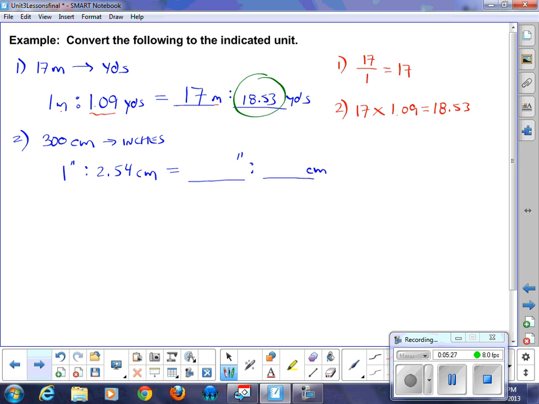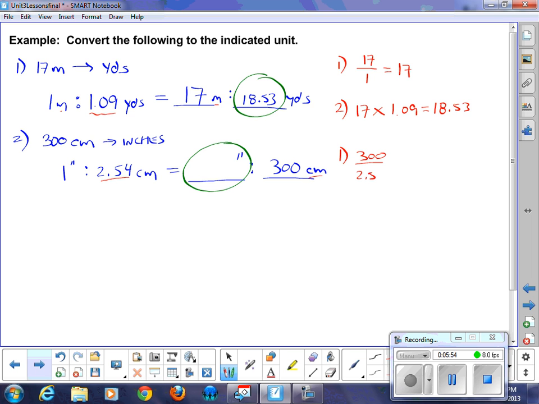Looking at the question, what am I given? I'm given 300 centimeters, so the 300 will go in here, and I'm looking for the value in the blank in the proportion. We had the anchor set up: you take the number that you have by itself, so that's the 300, and you divide it by its corresponding value. The corresponding value for centimeters is the 2.54.